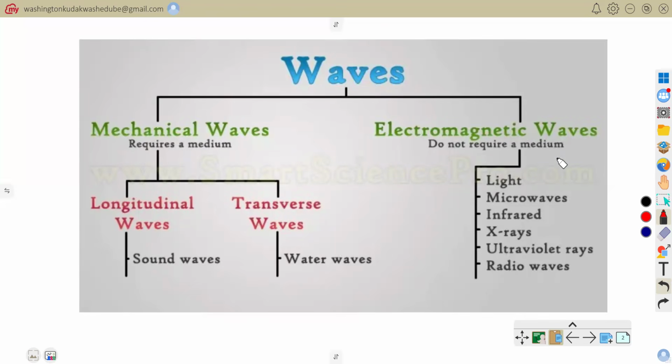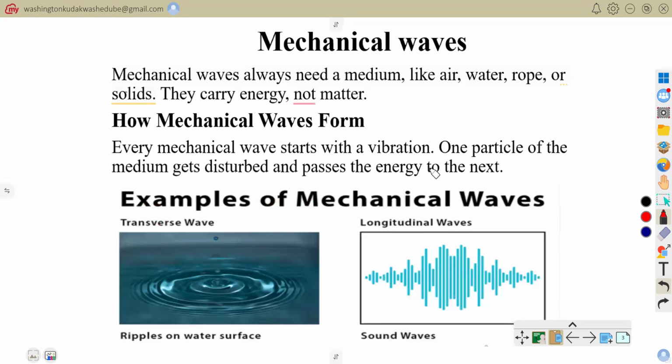The examples that fall under electromagnetic waves are what we refer to as the electromagnetic spectrum, where you have your radio waves, ultraviolet rays, X-rays, infrared, microwaves, as well as visible light. We would like to start by defining mechanical waves so that we can look into transverse waves as well as longitudinal waves.